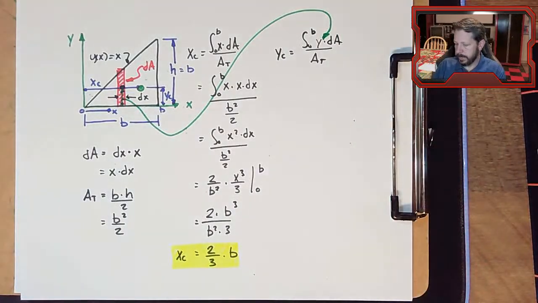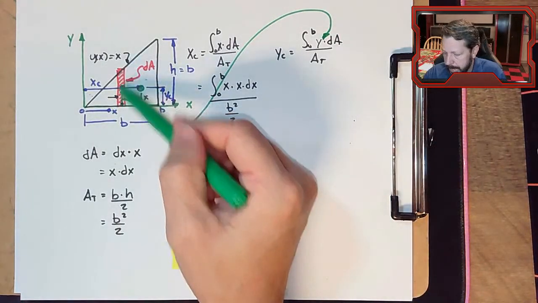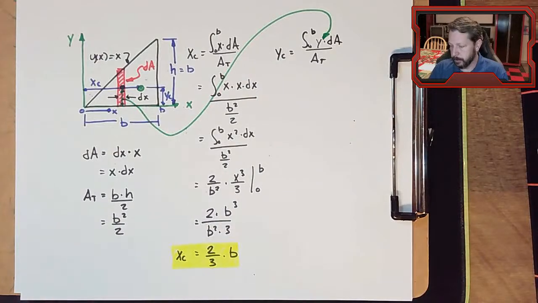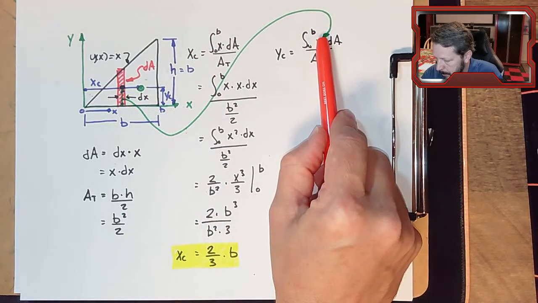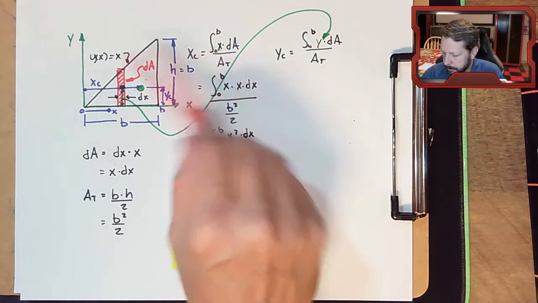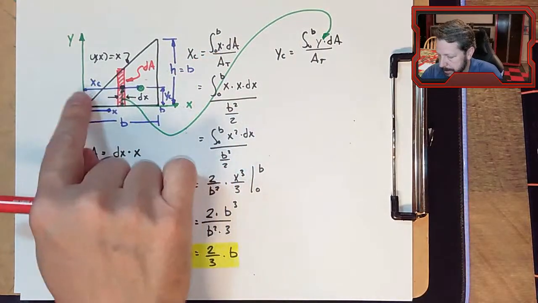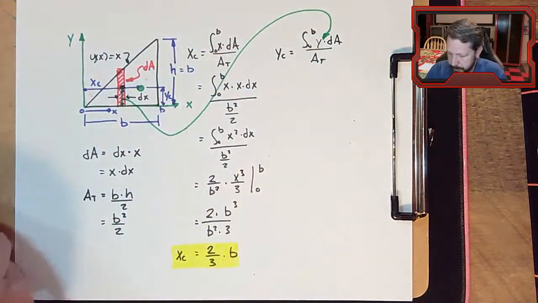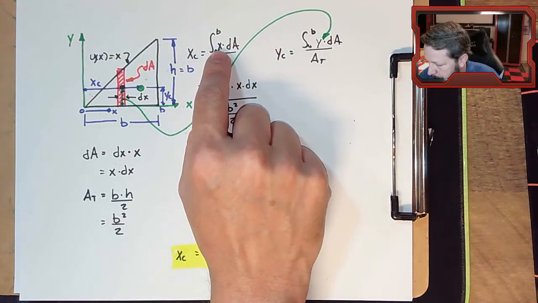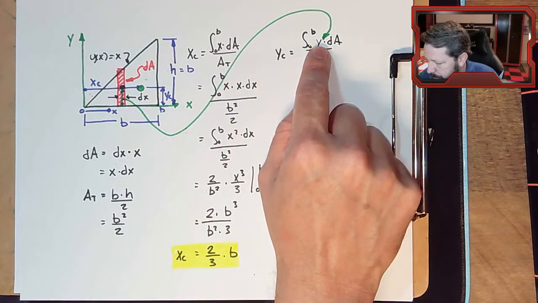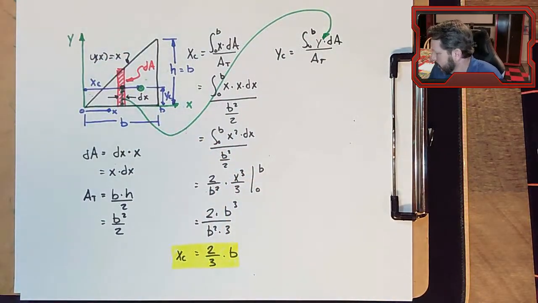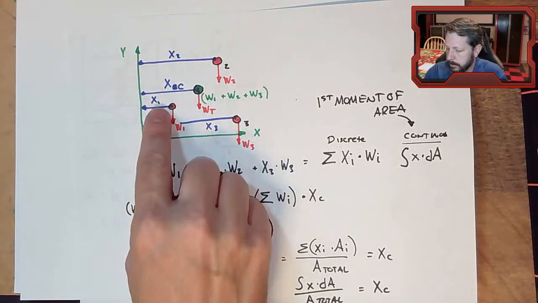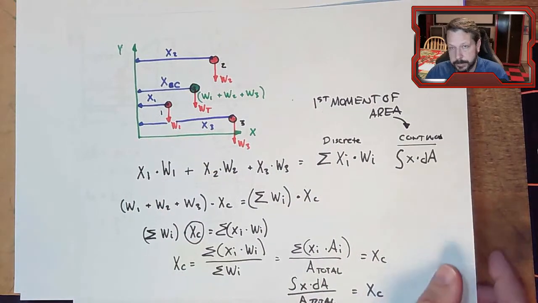That value for y is actually half of the height of the differential strip when the strip is turned vertically like this. If we had the strip horizontal, then it would just be y, but the x would be different, because we'd be talking about the center of that horizontal strip. So just remember that this x and this y don't represent x and y here. They represent the moment arm for each one of those little differential areas.